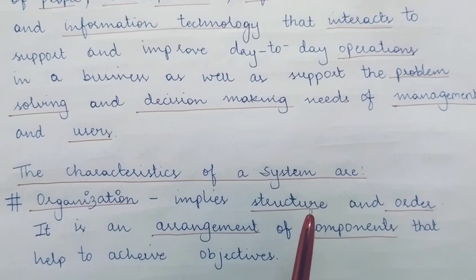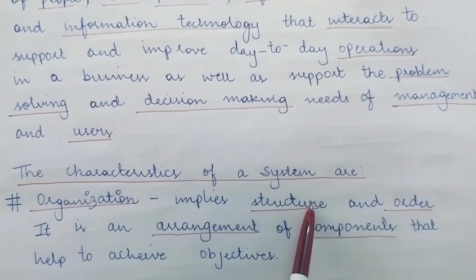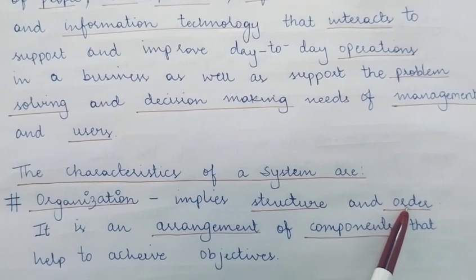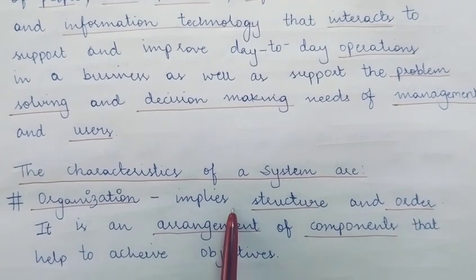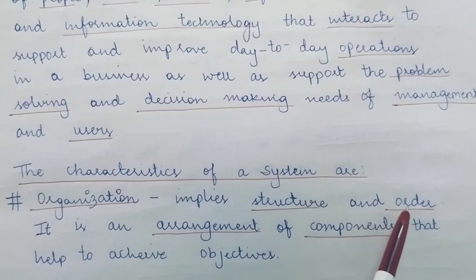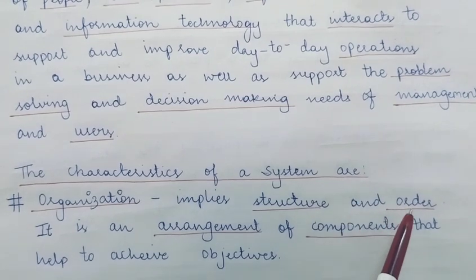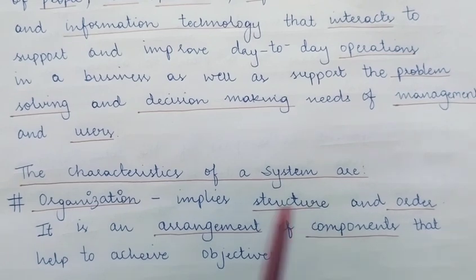What would be the structure? What would be the order in which those things would be placed? The structure gives you a layout, and according to that structure you decide the ordering. So organization implies structure and order, the way in which the components of the system would be arranged.